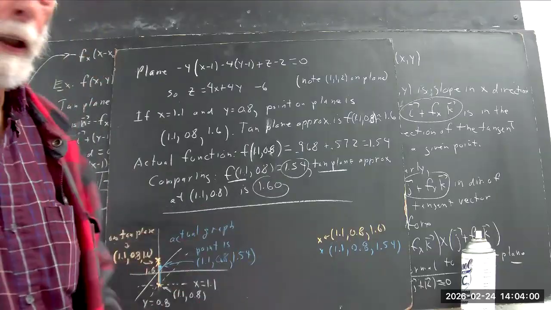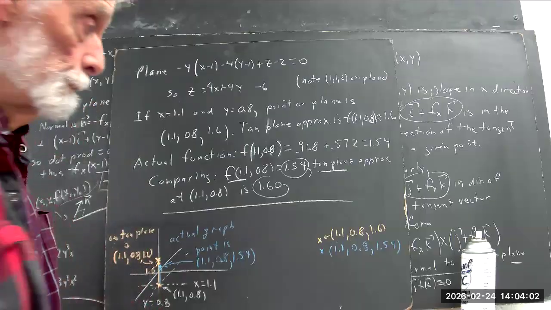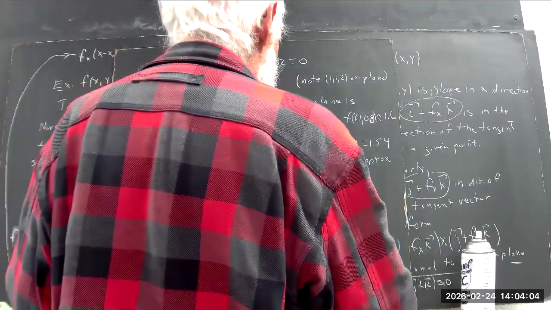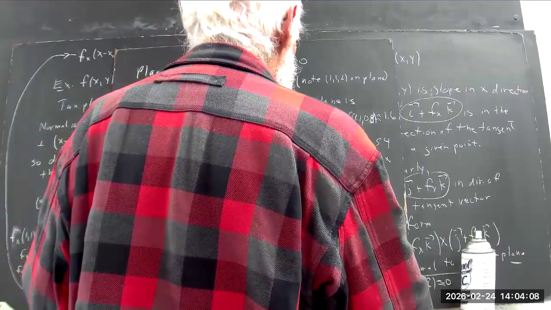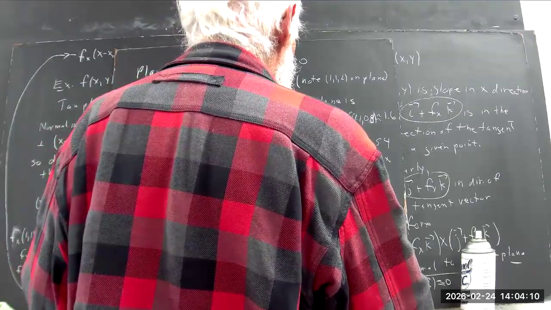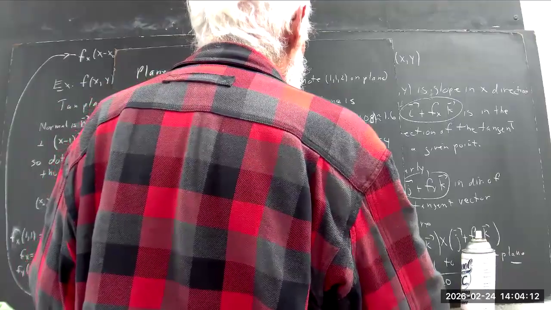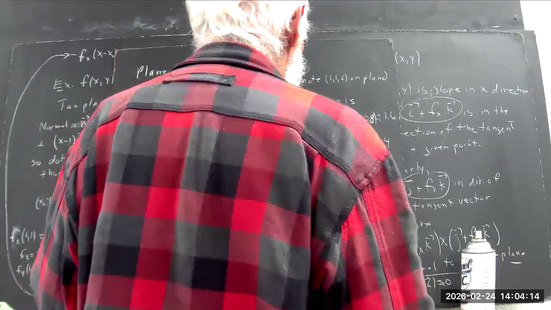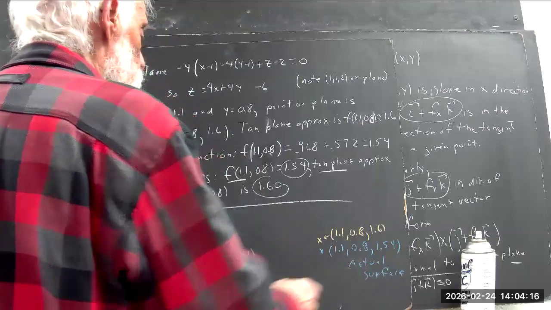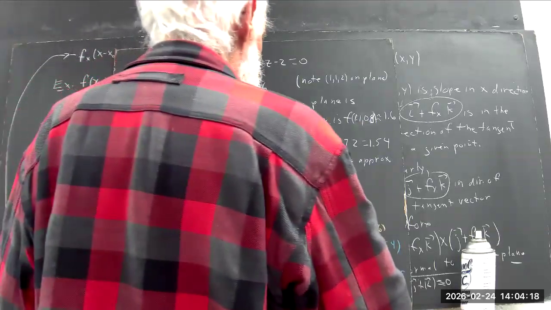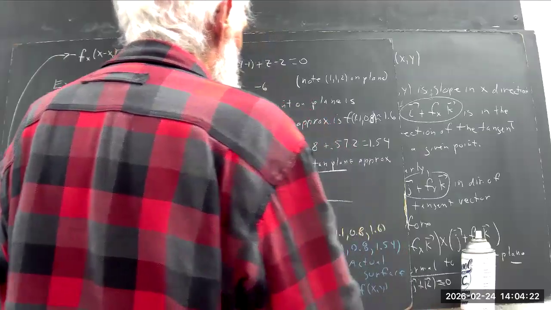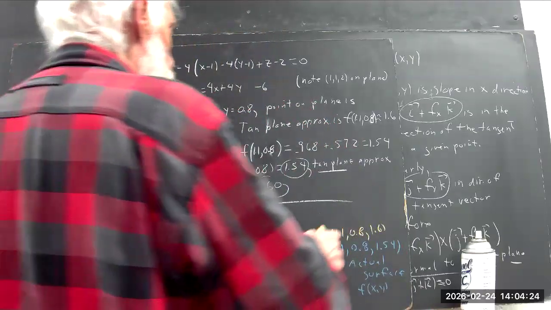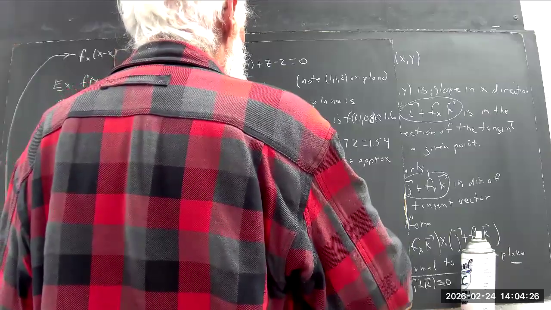This is on the tangent plane. This is the actual surface. A point on the actual surface. This is a point on the tangent plane.